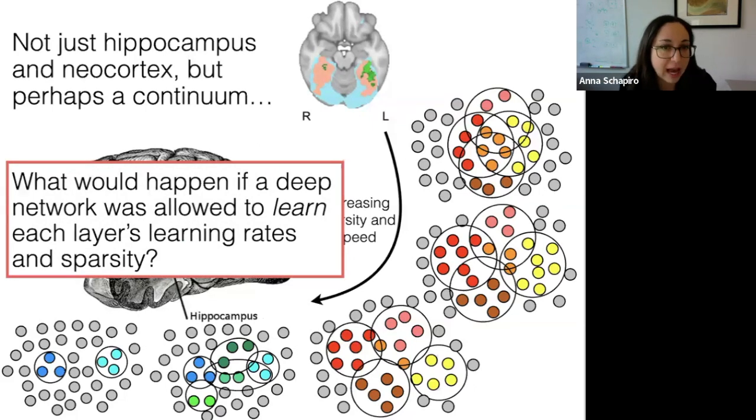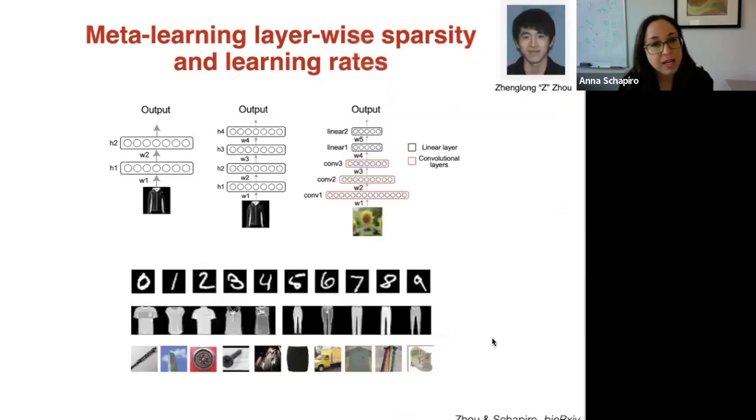So what would happen if we allowed a model to learn its own learning rates and sparsity? Would it come up with this kind of organization? So this is a line of simulation work where we are going to allow models to meta-learn layer-wise sparsities and learning rates.